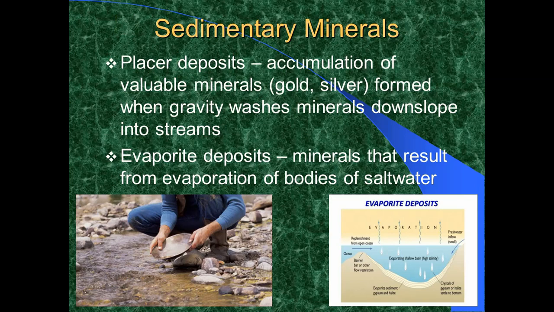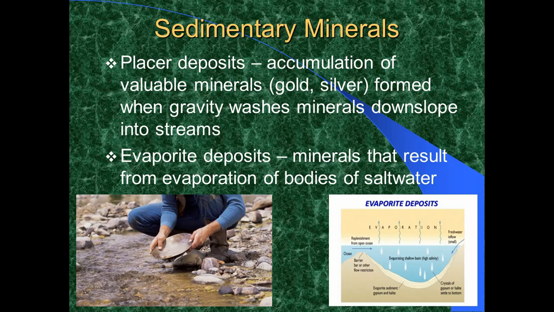A placer mineral is an accumulation usually of precious metals, gold, silver, that are formed when gravity washes minerals downslope into streams. So picture this. We have a certain type of igneous rock that has little flecks of gold in it. Over time, a river flows across that igneous rock and plucks the little gold pieces through erosion.